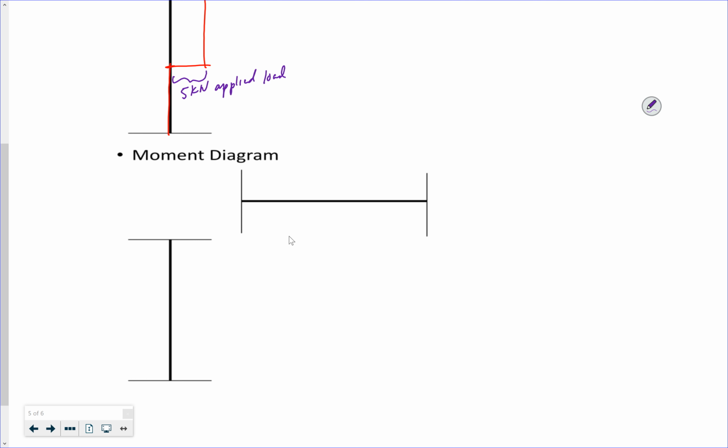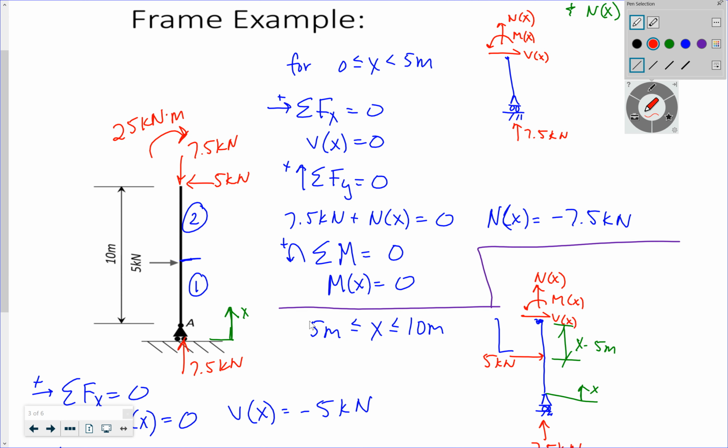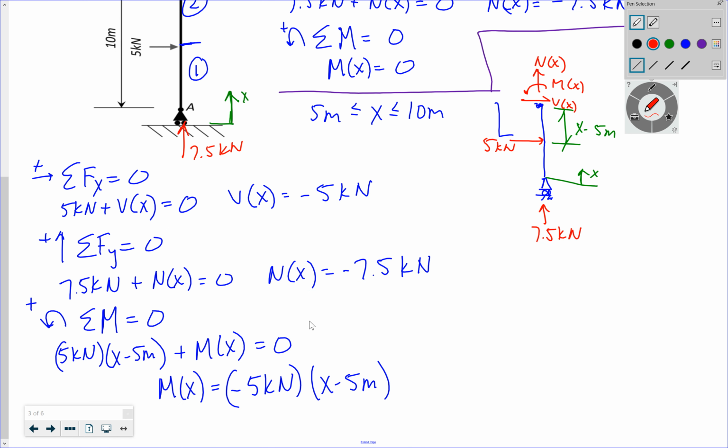If I do a moment diagram, for my column, I have 0 moment for the first 5 meters, and then afterwards, negative 5 kilonewtons times 25 meters.